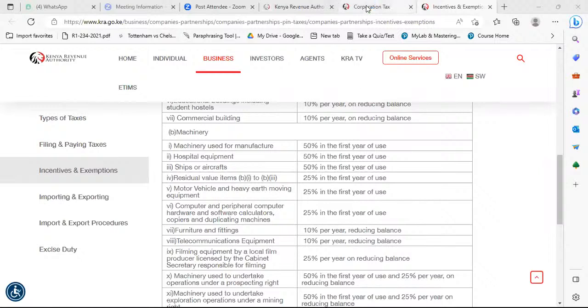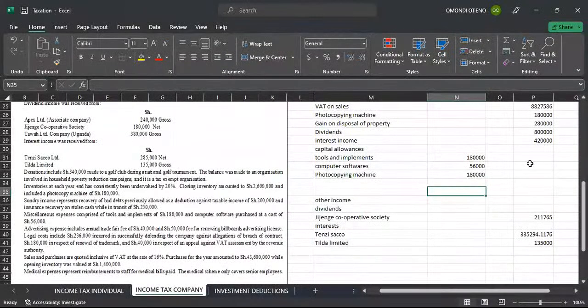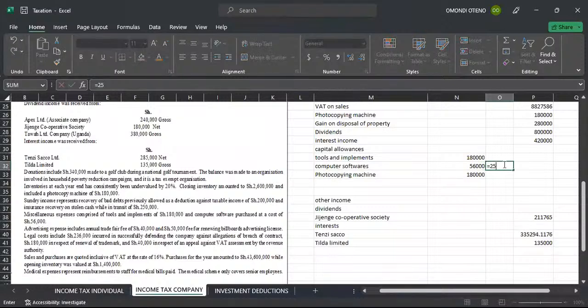So it means when you now get to that particular question here, we've seen that computer software, whatever we are going to deduct, which is allowed as capital allowance is 25% of the value of that asset. 25% of the value of the computer software.